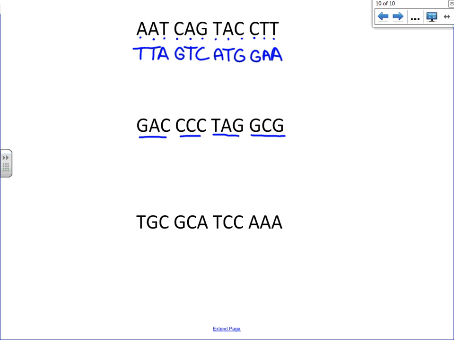All right, so we have cytosine, thymine, guanine, guanine, guanine, guanine, adenine, thymine, cytosine, cytosine, guanine, cytosine.